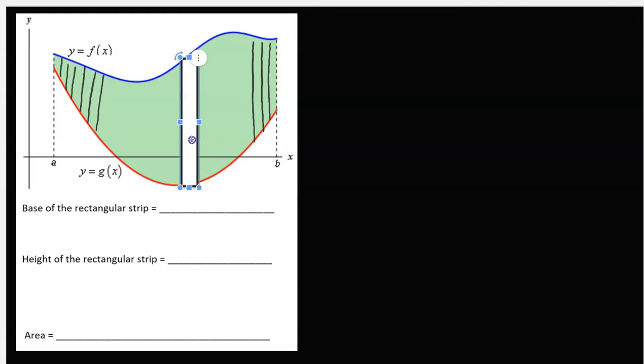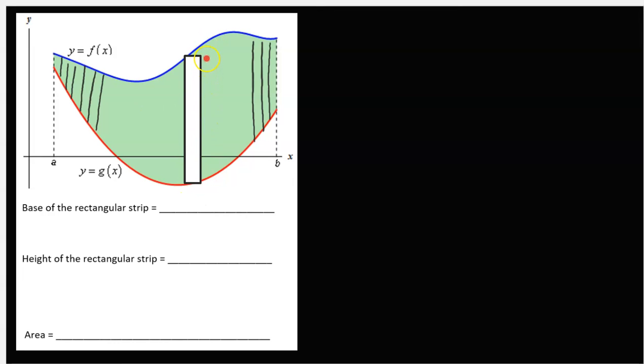And what we're gonna think about is what is the height and what is the base of that rectangle. So this part right here is the height of the rectangle, and then this part right here is the base of the rectangle.